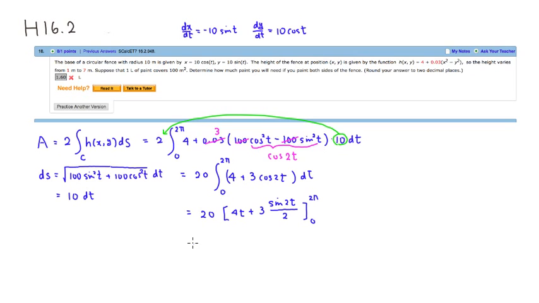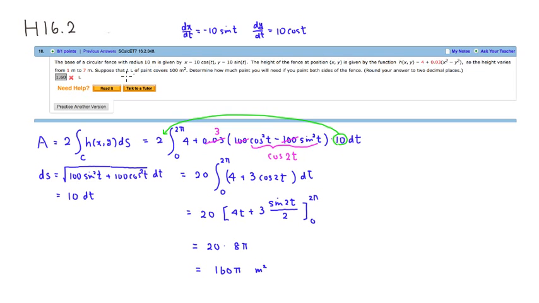Plugging in 2 pi, 4 times 2 pi is 8 pi, and sine of 4 pi is 0. Plugging in 0 gives 0, sine of 0 is 0, so you just get that. So this is going to be 160 pi, and that's the area, in square meters.